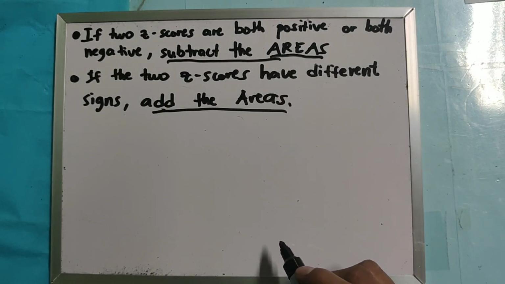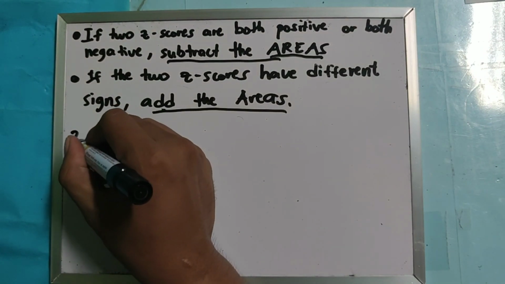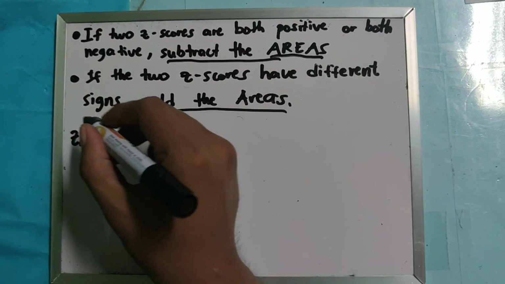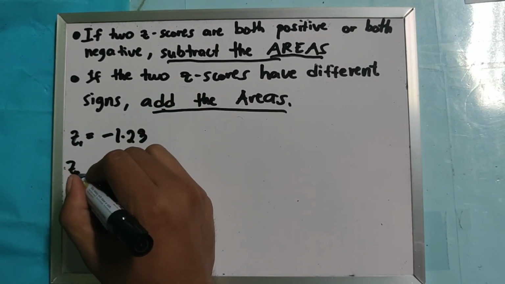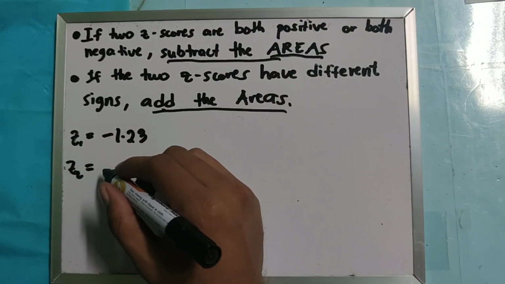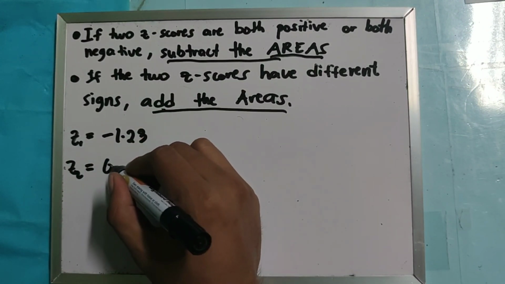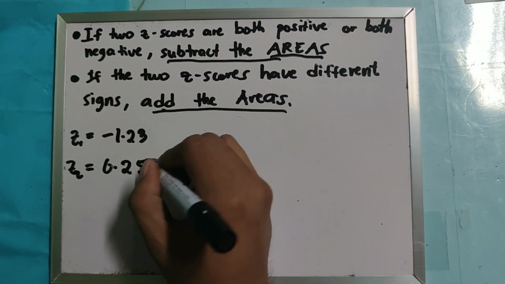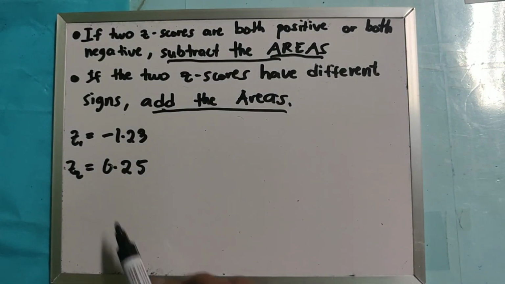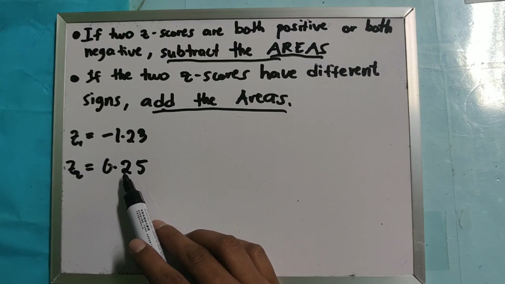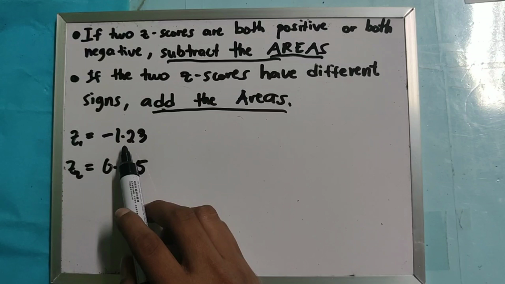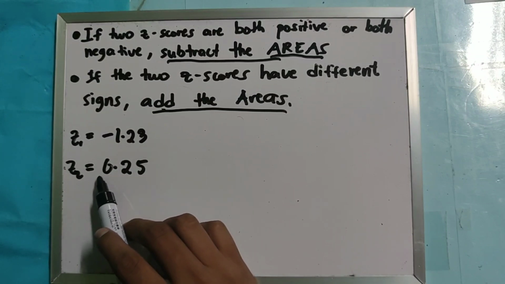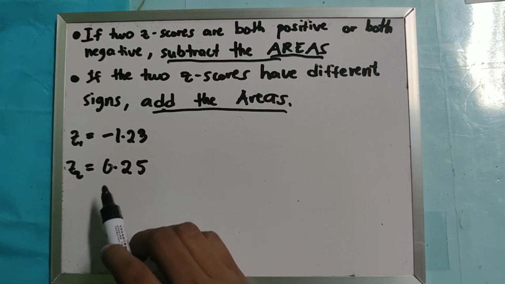Find the area under the standard normal curve bounded by Z sub 1, our first Z, equal to negative 1.23, and Z sub 2, our second Z, equal to 0.25.